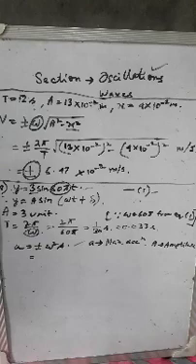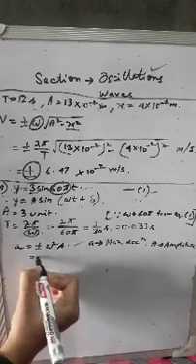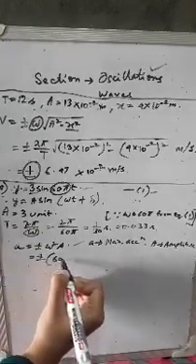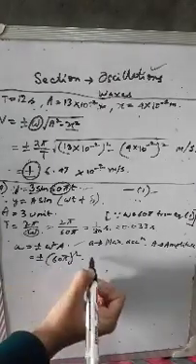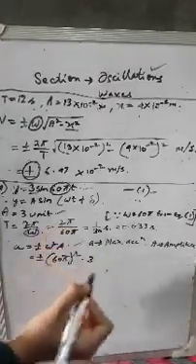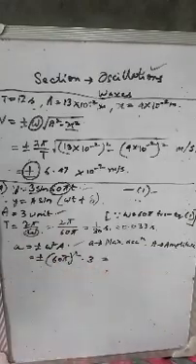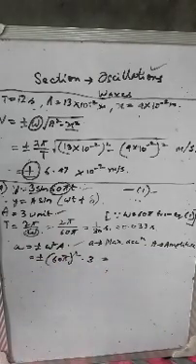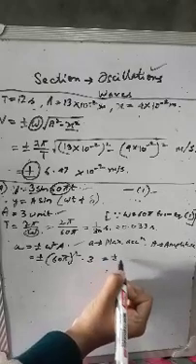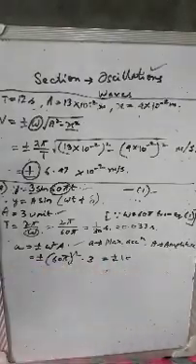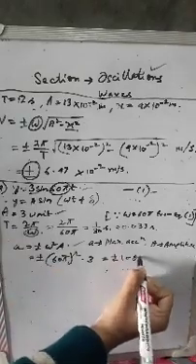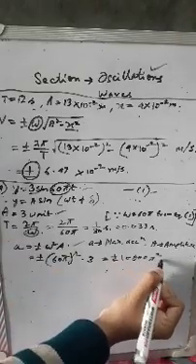Alright. So plus minus 60 pi square into 3, because amplitude value is 3. So do the calculation. You will get it as plus minus 10800 pi square.